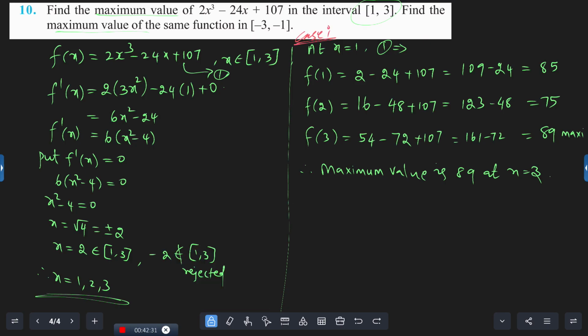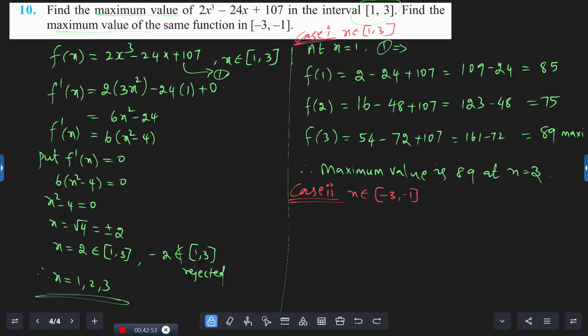Case 1 means x belongs to the closed interval [1, 3]. Case 2 is x belongs to [−3, −1]. Children, listen.